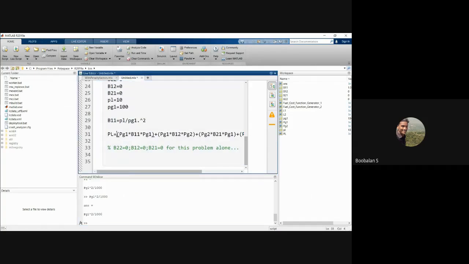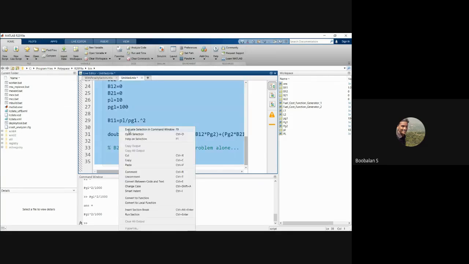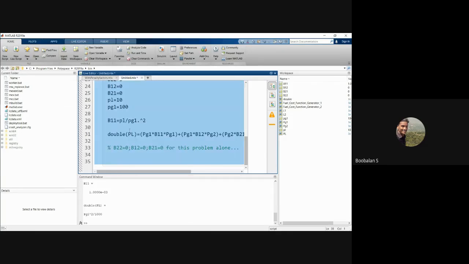Maybe you could also use a double value. You could also use double of PL. I don't think it's going to work, but we'll see. Again it's showing the same value. Why is the double not working? Maybe it took it as a variable. So the double variable was taken, and we need to use it over here. We'll see.